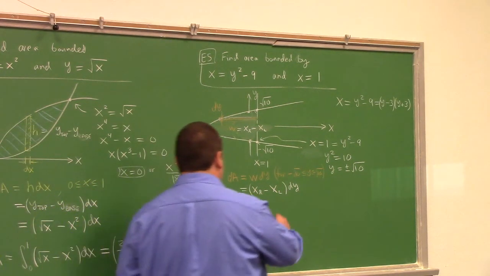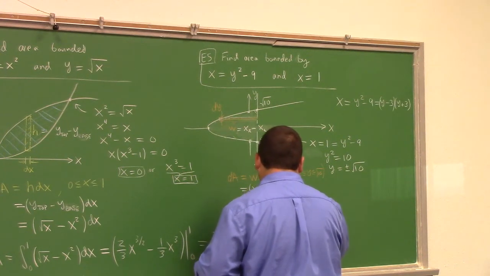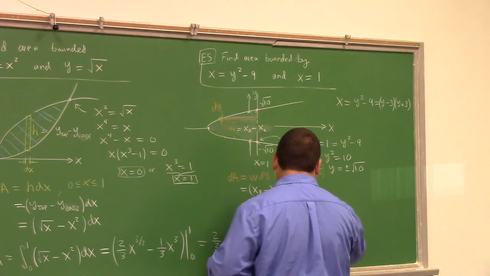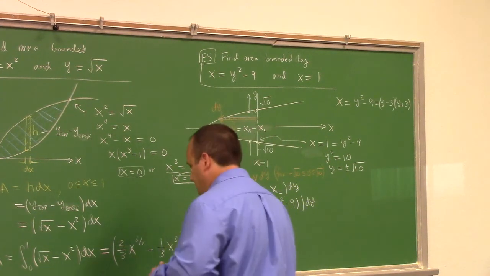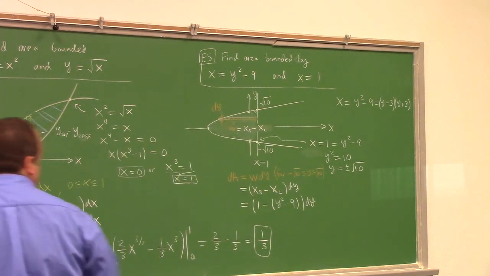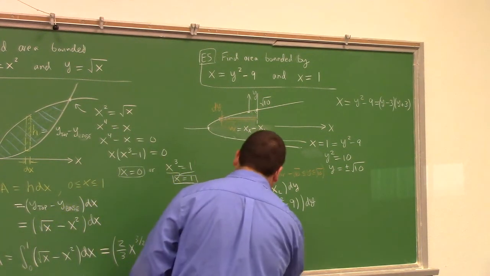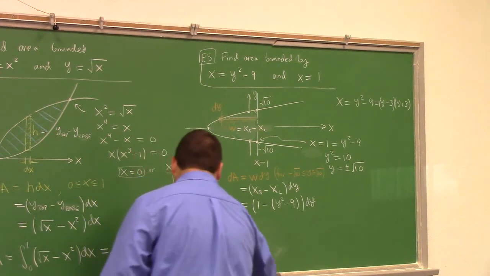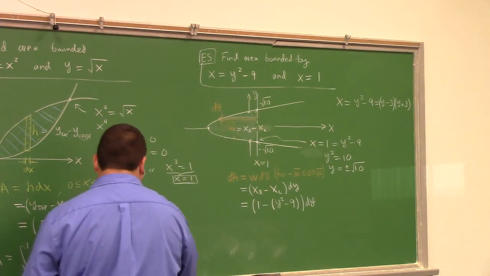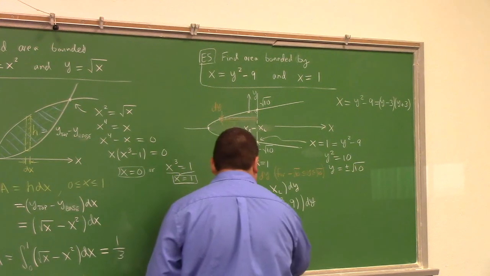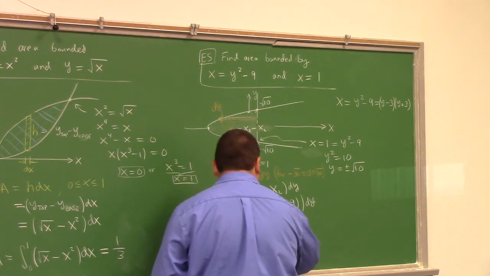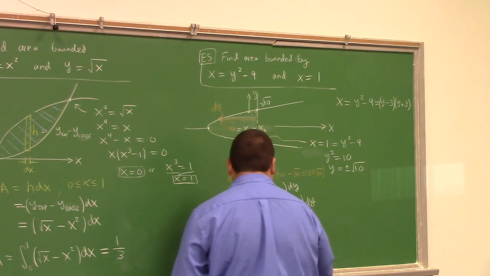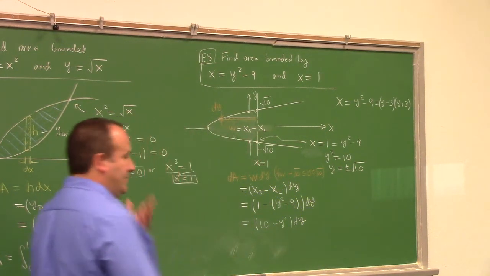So I have to say 1 minus, parentheses are our friends, y squared minus 9. Notice that the minus gives me a plus, actually. So we're left with 10 minus y squared dy. So that's my dA, right?